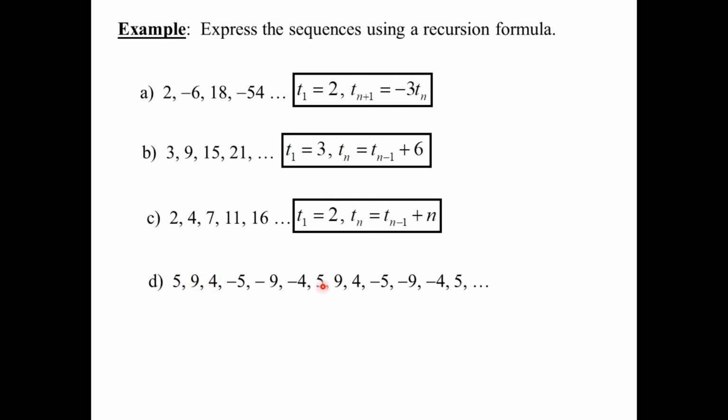Let's try this 5. Negative 4 subtract negative 9 is 5. Let's try this negative 4. Negative 9 subtract negative 5 really means add 5. So it appears that if I pick any term at random, say this negative 9, and subtract the previous terms, negative 5 subtract 4 is negative 9.